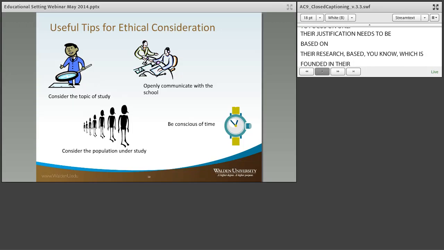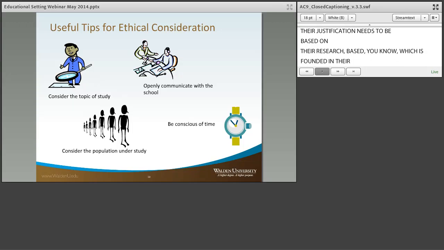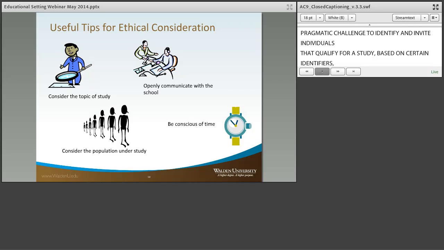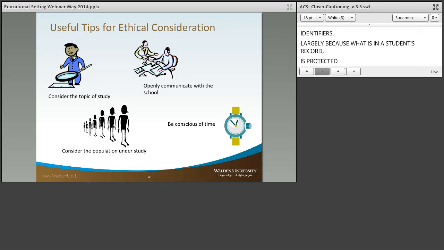But as an additional point to go with that, even when it is ethically justifiable, it can be a pragmatic challenge to identify and invite individuals that qualify for a study based on certain identifiers, largely because what is in a student's record is protected by FERPA, which is the federal regulation that governs educational records.